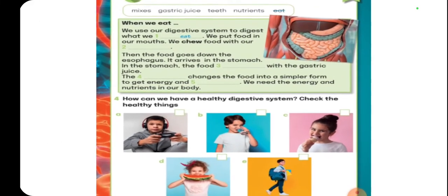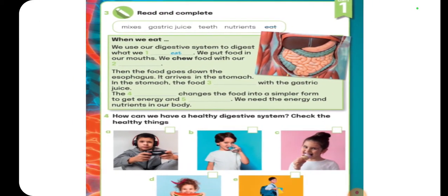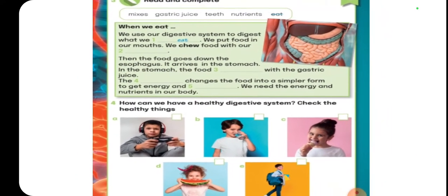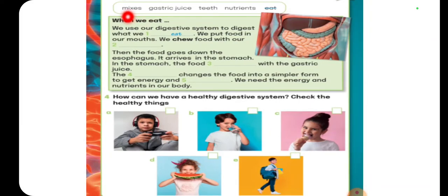And here we have an exercise. Read and complete. Mixes: gastric juice, teeth, nutrients, and eat. When we eat, we use our digestive system to digest what we eat. We put food in our mouths.